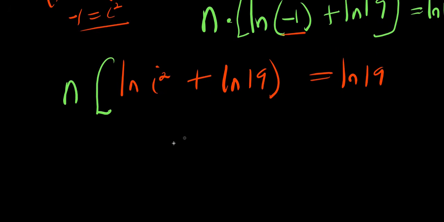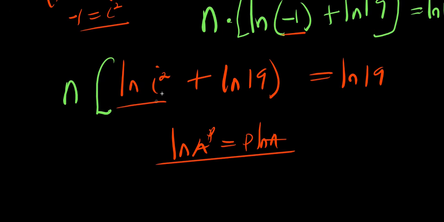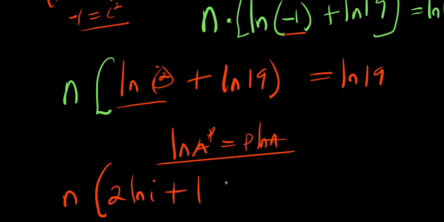Now remember also, natural log of A power P equals P times natural log of A. Applying that here, the 2 comes behind this, I have n times 2 times natural log of I plus natural log of 19 equals natural log of 19.